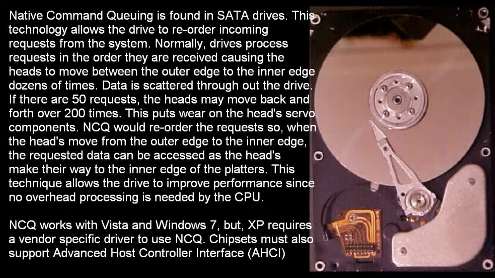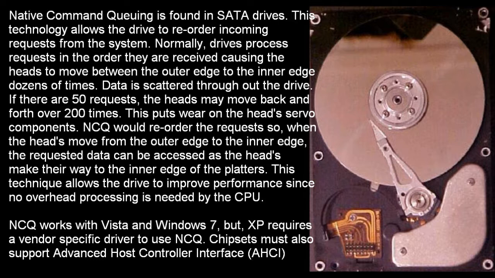Now we have native command queuing. You'll find this a lot in SATA drives. It's a technology that allows the drive itself to reorder incoming requests from the system. Why? Well, the hard drive knows exactly where the heads are located on the platters.